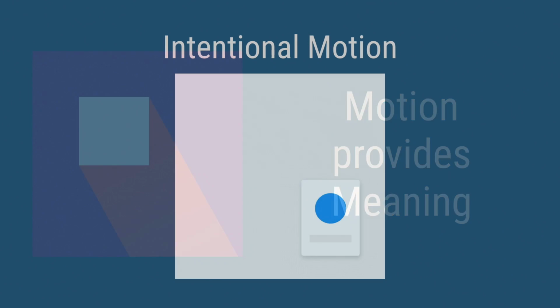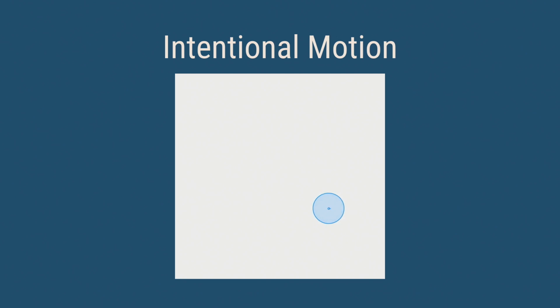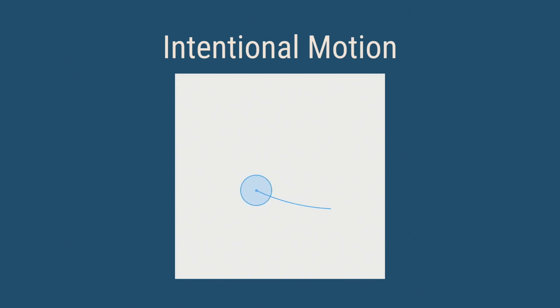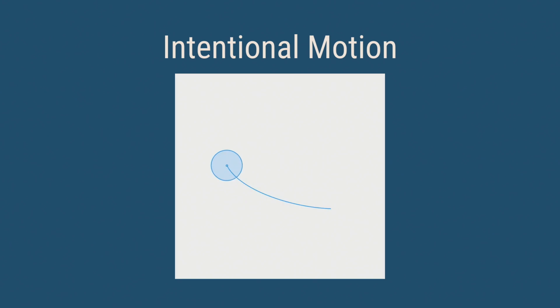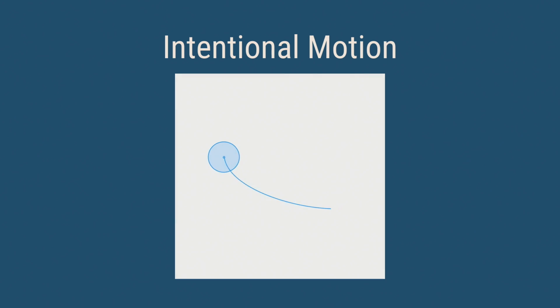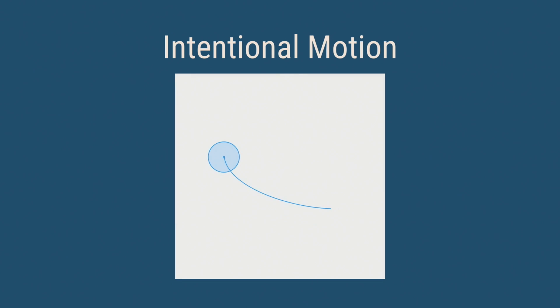The point is really to have what they call intentional motion, but really the idea is that you try to be clear in your UI so that you provide some help to the user. The point is that if you can have your user build a good mental model of how your application works through animations, well, they will make fewer mistakes, they will understand your application better. So it's a good principle.